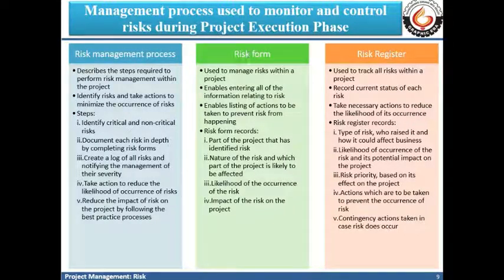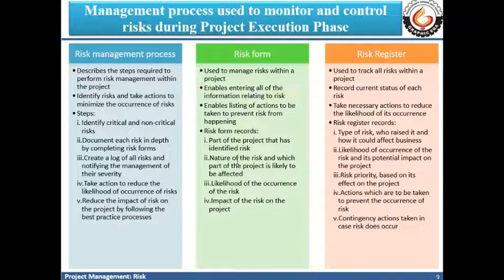Now there are two records or forms, the risk form and the risk register, which are maintained. The risk form is used to manage risks within a particular project, and it enables entering all of the information related to a risk. We have a listing of various actions to be taken to prevent the risk from happening, and for this we typically record the parts of the project that have some identified risk.